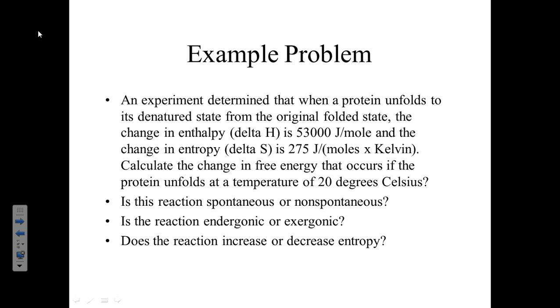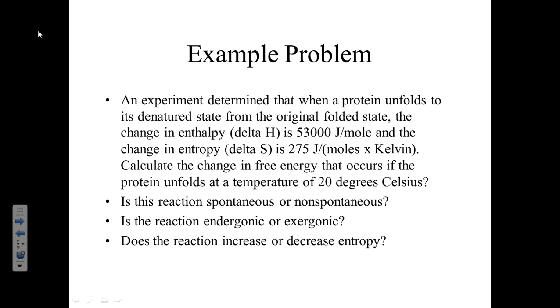An experiment determined that when a protein unfolds to its denatured state, the change in enthalpy is 53,000 joules per mole. And the change in entropy, delta S, is 275. Pay attention to the units on that. It's joules per mole times Kelvin.